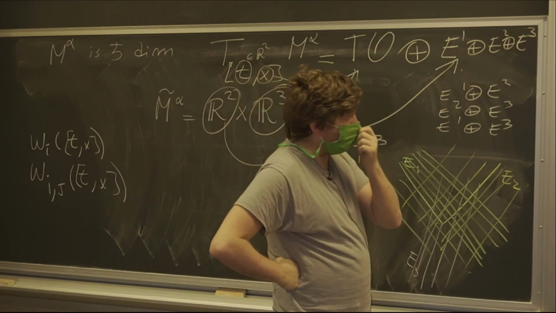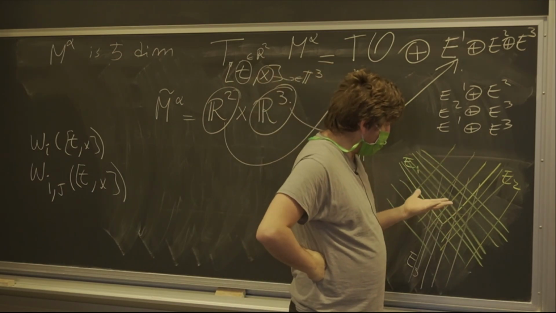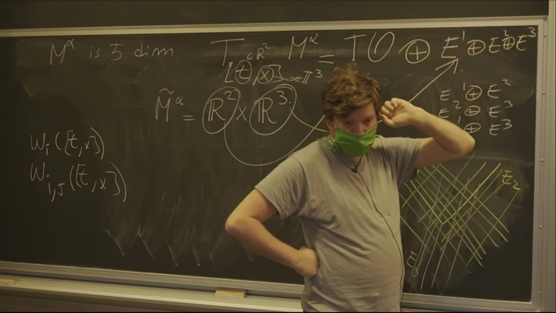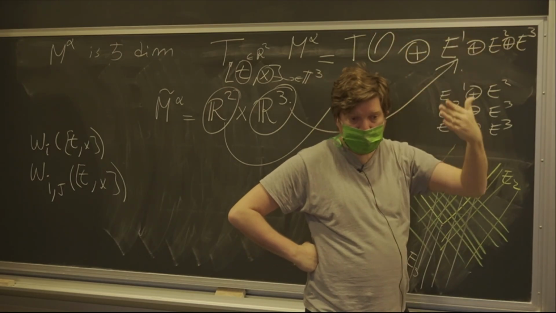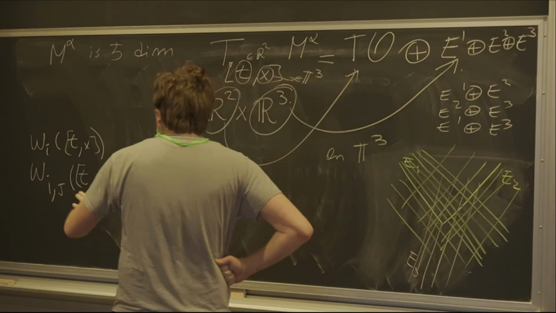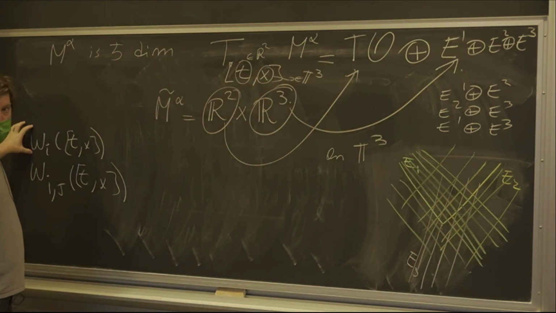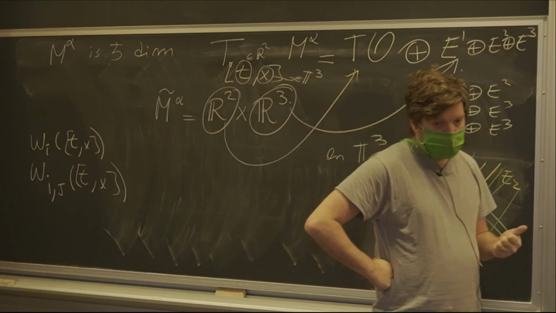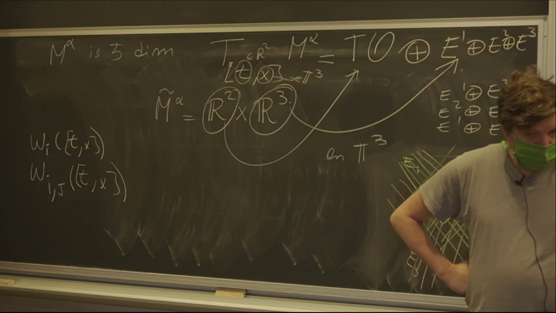The same as happened in T3 and R3, I have a natural distance function on this M alpha, especially on the fibers, and even more importantly, inside this Wi there is inherited a natural distance function, coming from the Riemannian metric on the manifold.